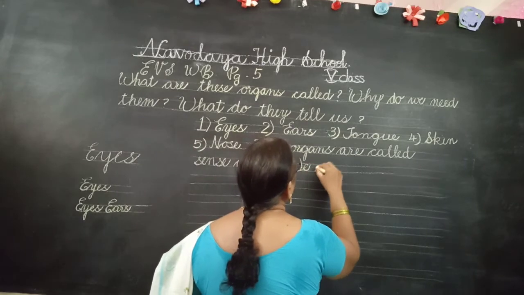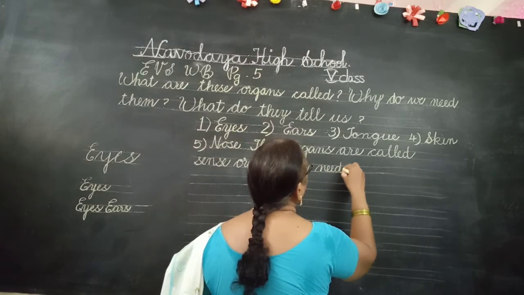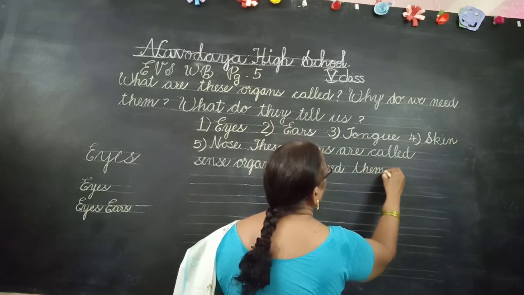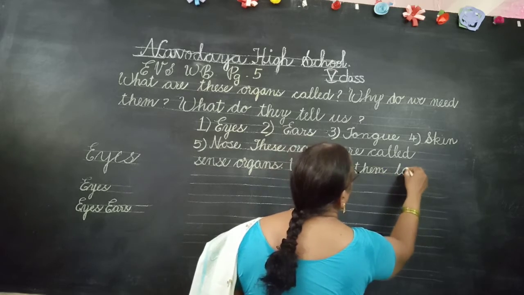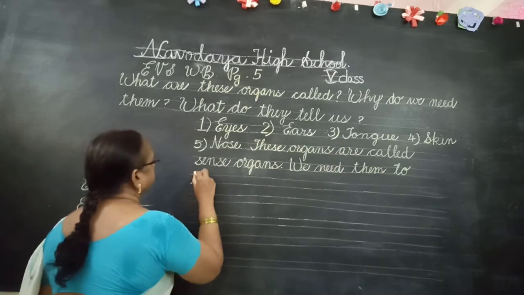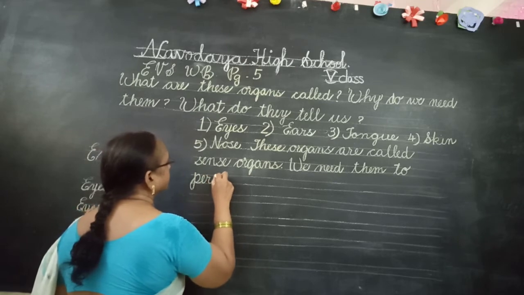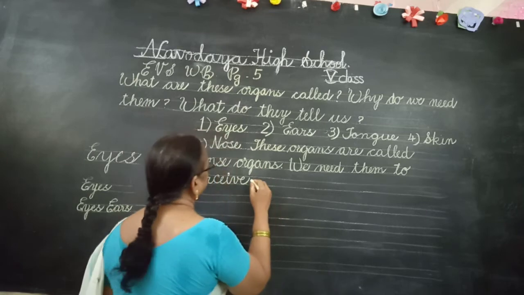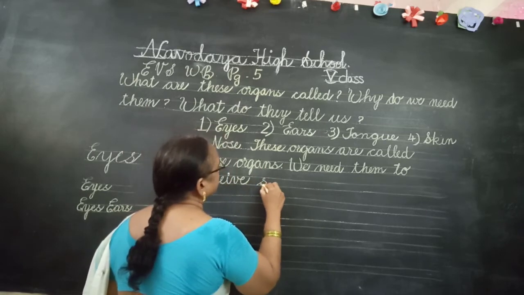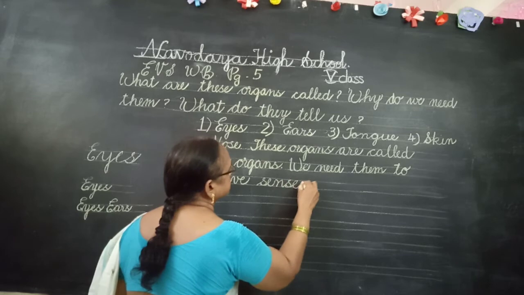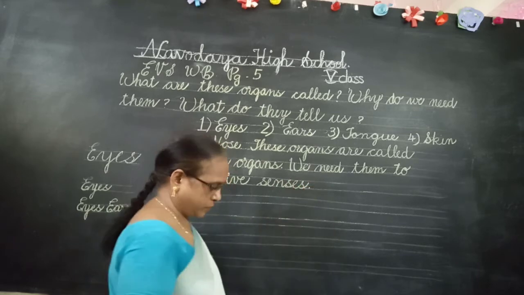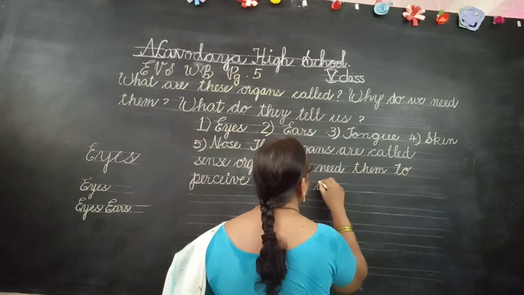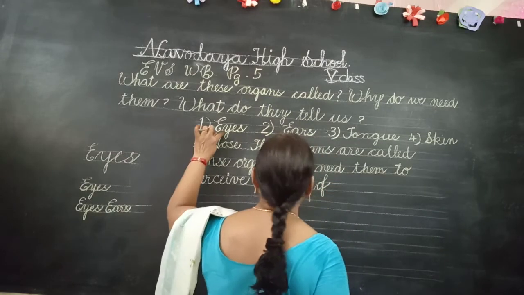We need them to perceive. Perceive means to get information. To perceive senses. To perceive senses of, first one what?